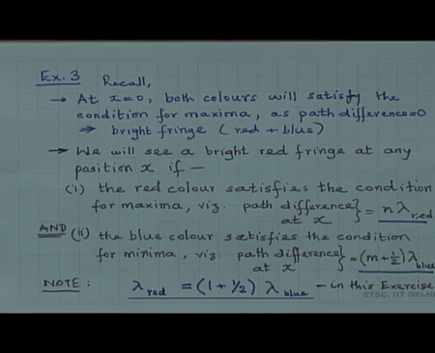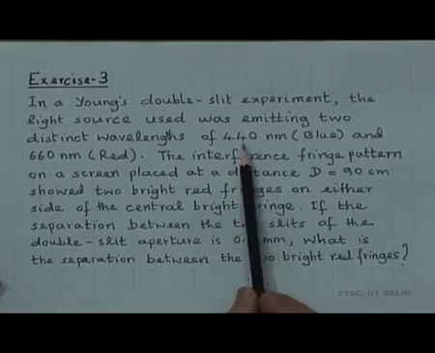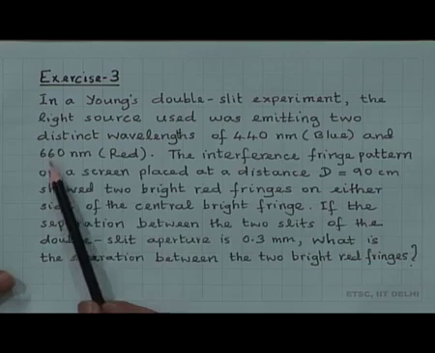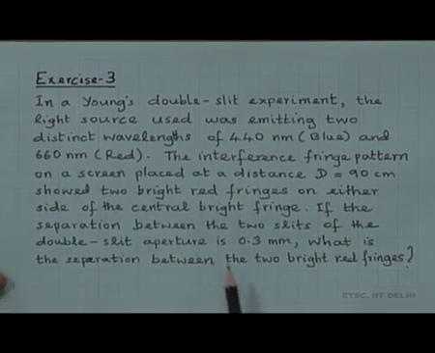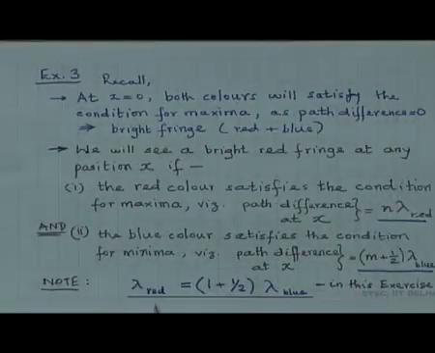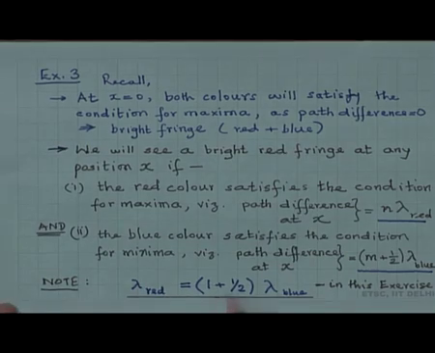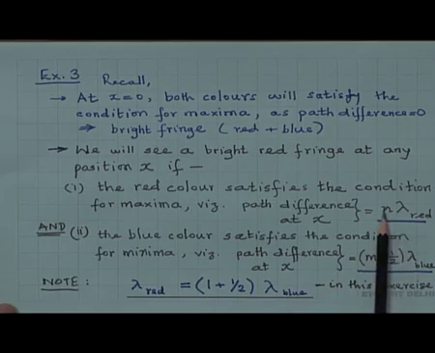Now, in the problem, the wavelengths given are 440 nanometer and 660 nanometer for blue and red. Note that lambda red, 660 nanometer, is 1.5 times lambda blue, that is, 1 plus half times lambda blue, and therefore if we put n equal to 1 and m equal to 1, the condition is satisfied automatically.